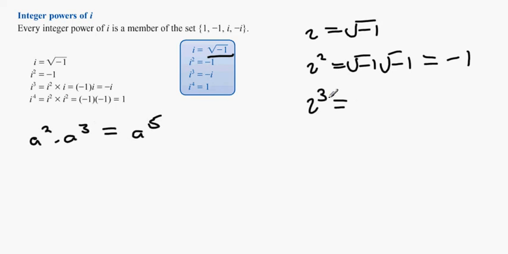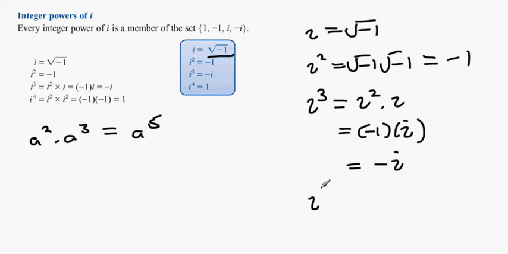So we're going to break up i cubed into i squared by i to the 1, i to the 1 simply being i. We get minus 1 times i, which ends up being minus i.